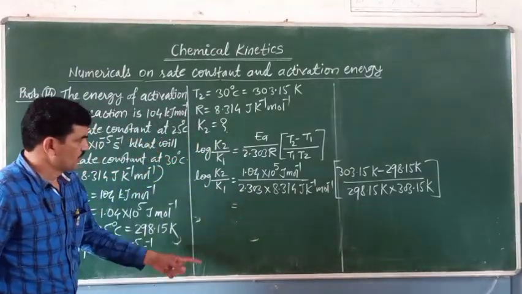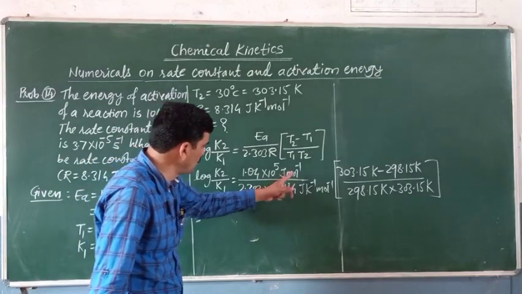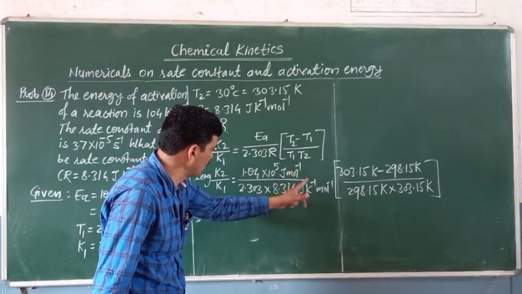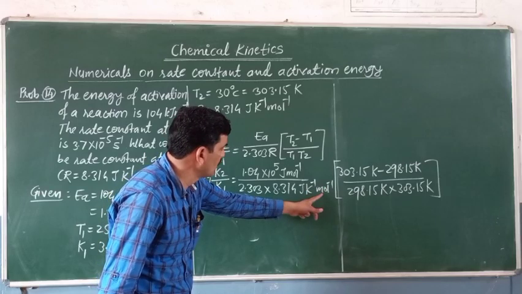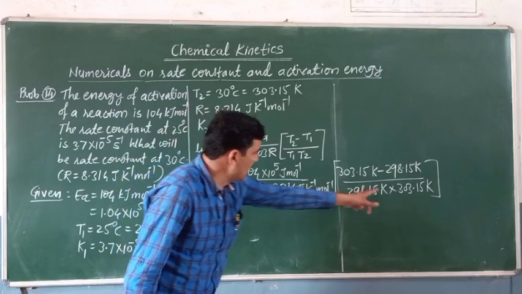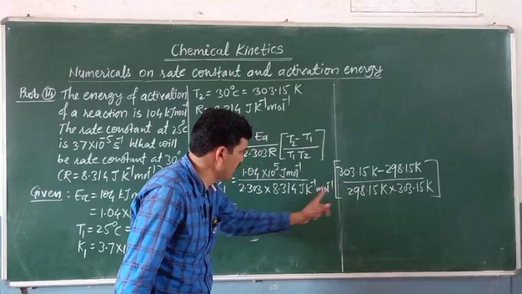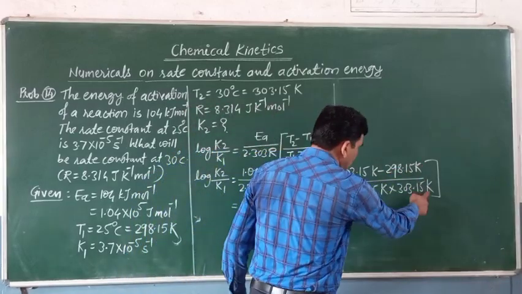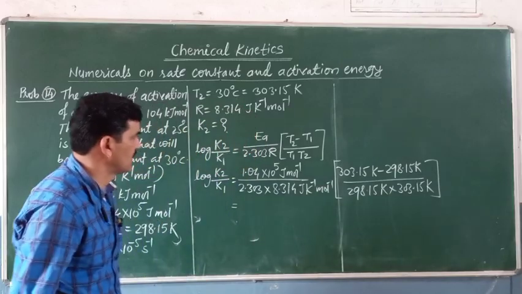Now here see the units: joule per mole. Joule and joule get cancelled, per mole gets cancelled with per mole. Now here per Kelvin and Kelvin, this is per Kelvin, this is Kelvin, it gets cancelled, and this Kelvin in the numerator and Kelvin in the denominator will also get cancelled.